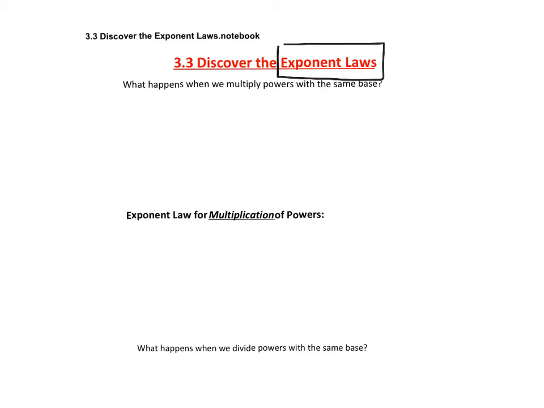Say we have this product, and let's just do an example. 2 to the power of 3 times 2 to the power of 5. The big thing is they have to have the same base. 2 to the power of 3, 2 to the power of 5, do they have the same base? Yes. Good. So I'm going to quickly write the expanded form.